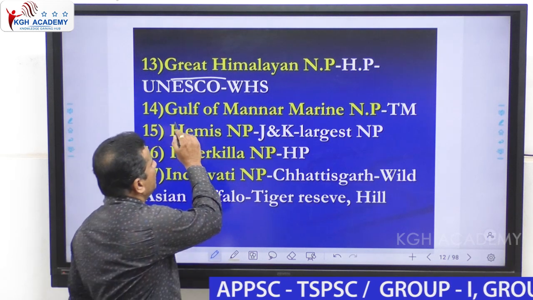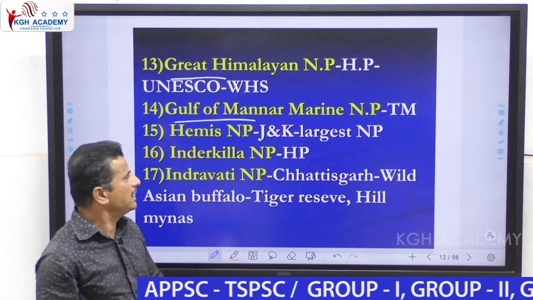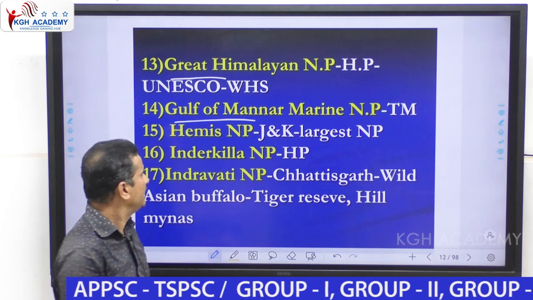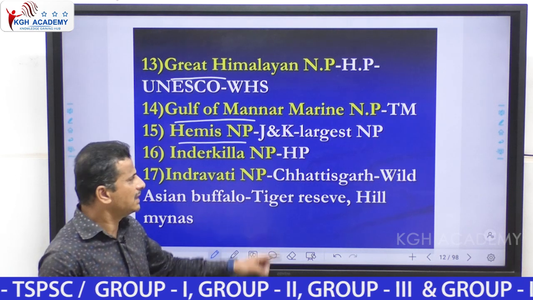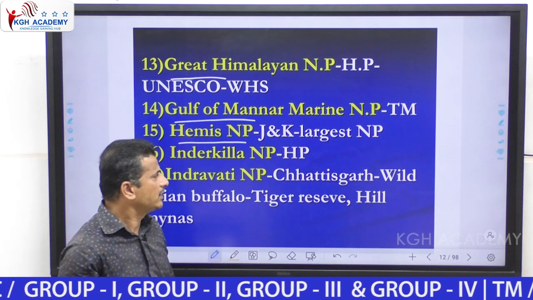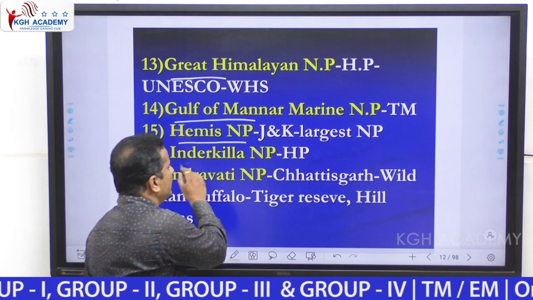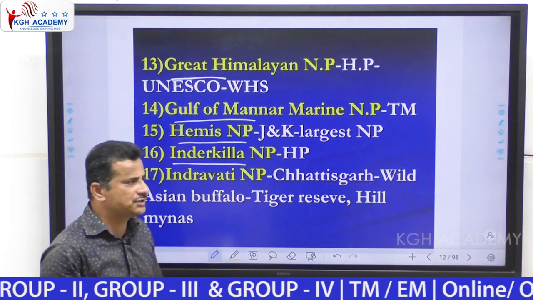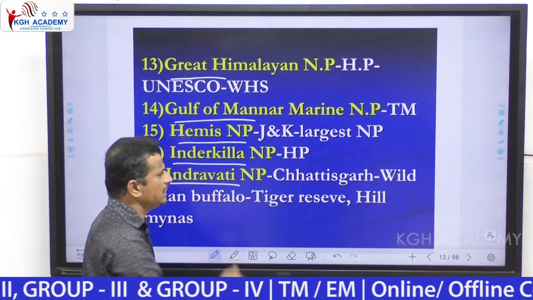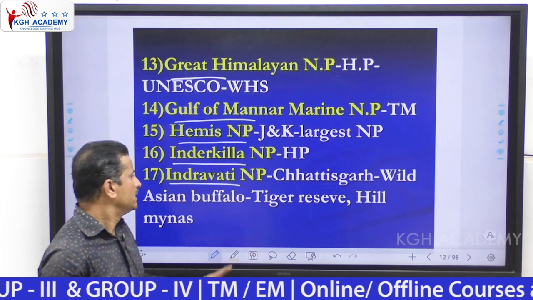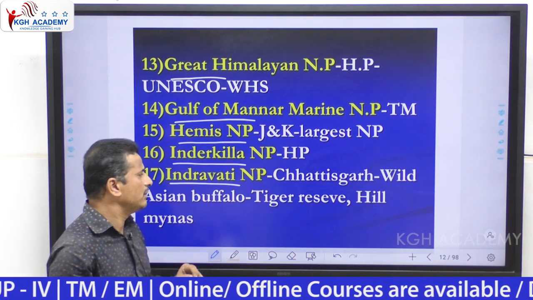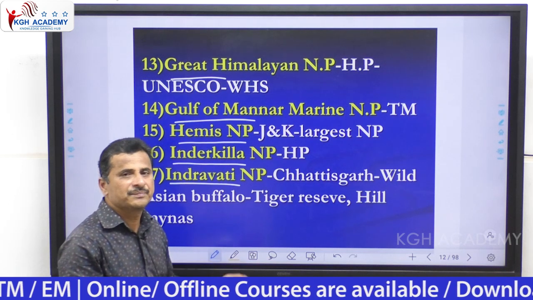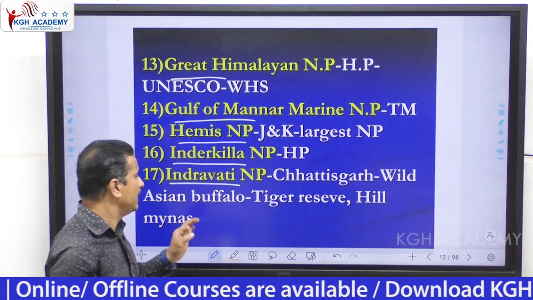Next, Gulf of Mannar Marine National Park, Tamil Nadu, and next, Hemis National Park, Jammu and Kashmir, which is the largest national park. Next, Indrakeeladri National Park, Himachal Pradesh, and next, Indravati National Park, Chhattisgarh. Here the main animal is the wild Asian buffalo, it is a tiger reserve, and it is famous for hill mynas.